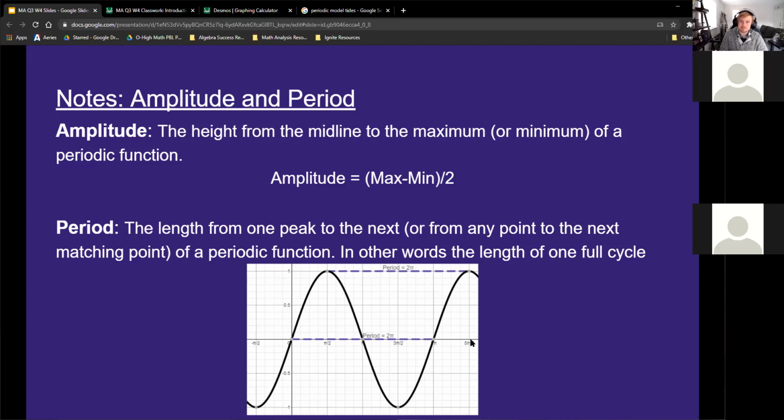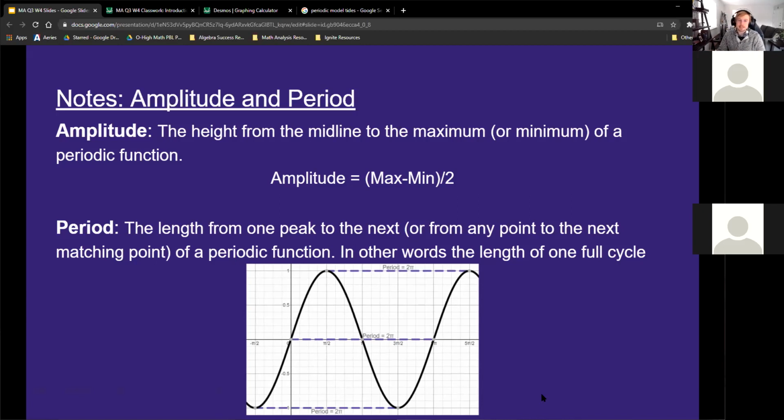Now you can go minimum to minimum. Exactly. If I can go from maximum to maximum, then I should respectively be able to go from minimum to minimum. So you can see there the first minimum is at negative pi over 2, and the second minimum is at 3 pi over 2. That's a distance of 2 pi, so I could actually use that as well to figure out period.